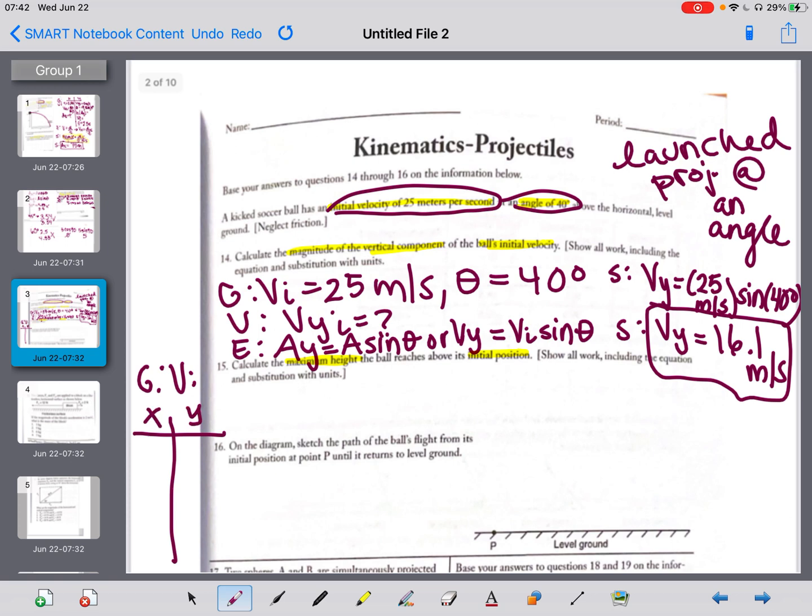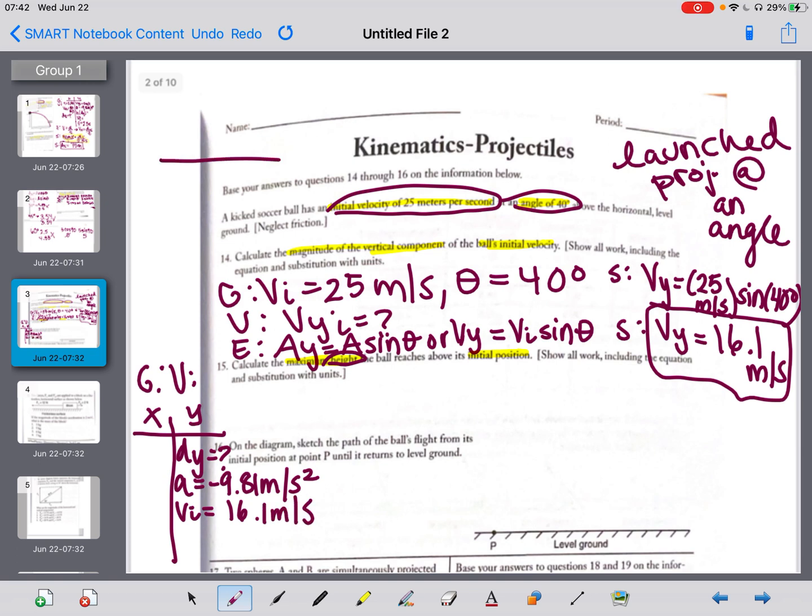So we don't really need to know any of the X information because height is vertical. So that's kind of what we're looking for, dy. We know that the acceleration is always going to be negative 9.81 meters per second squared in the vertical direction. My initial velocity vertically is 16.1 meters per second.